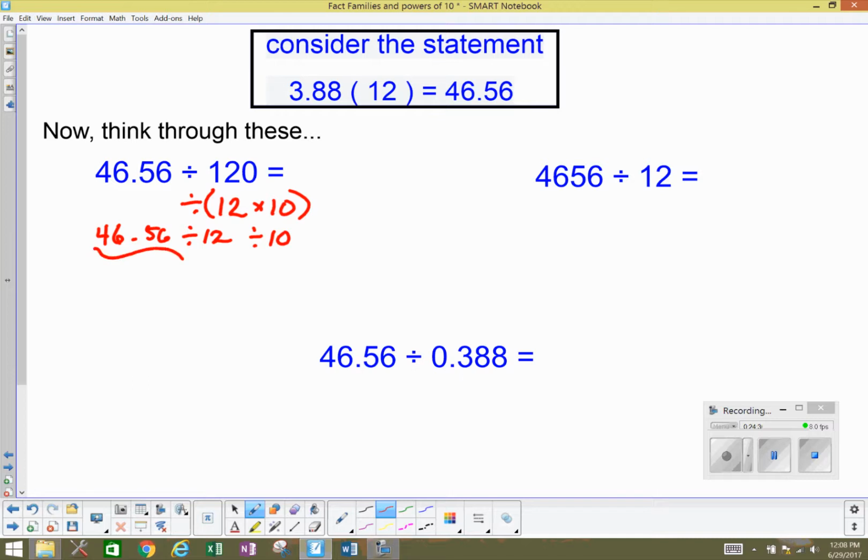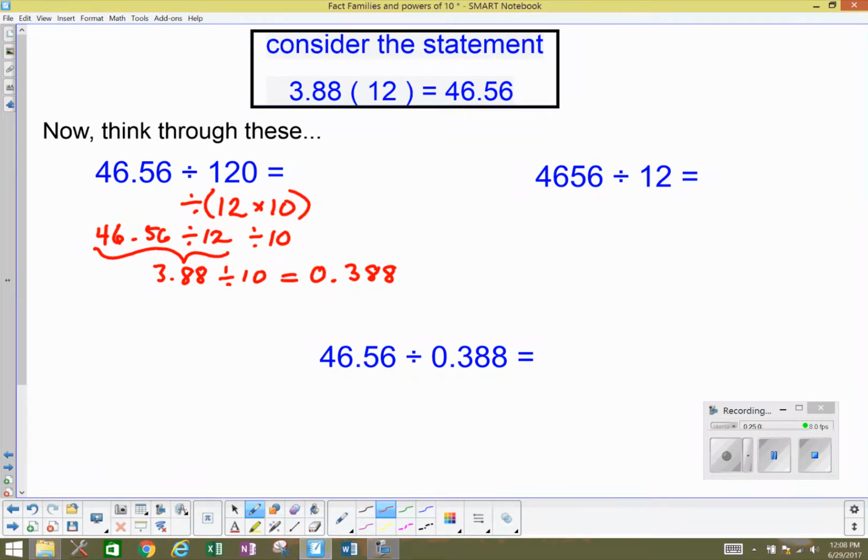Well, 46.56 divided by 12 we know is 3.88. If we take 3.88 and we divide it by 10, we get the correct answer by relocating our place values by a power of 10 towards the reciprocal direction. And we're there.